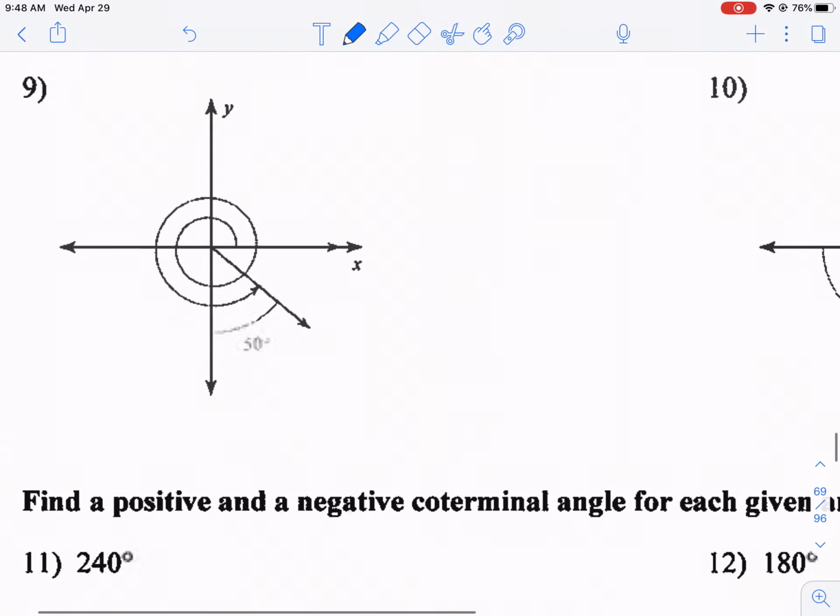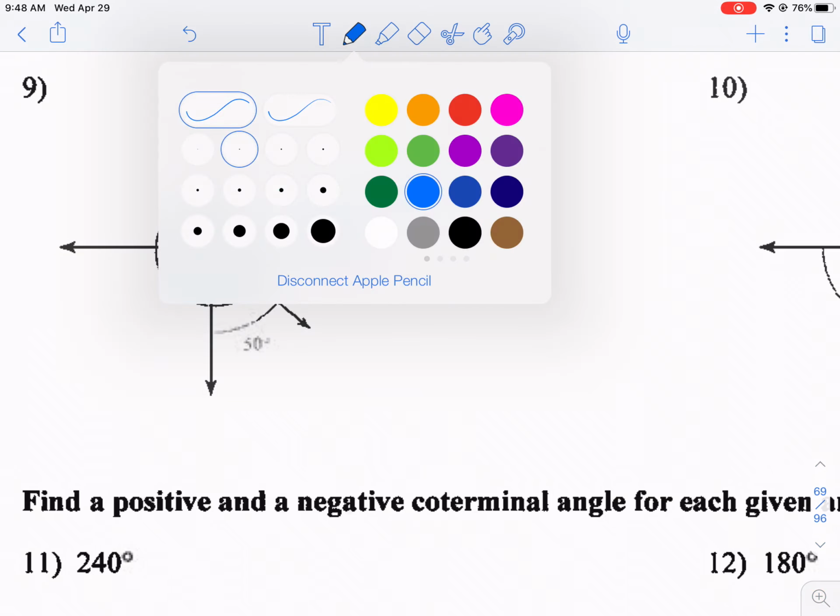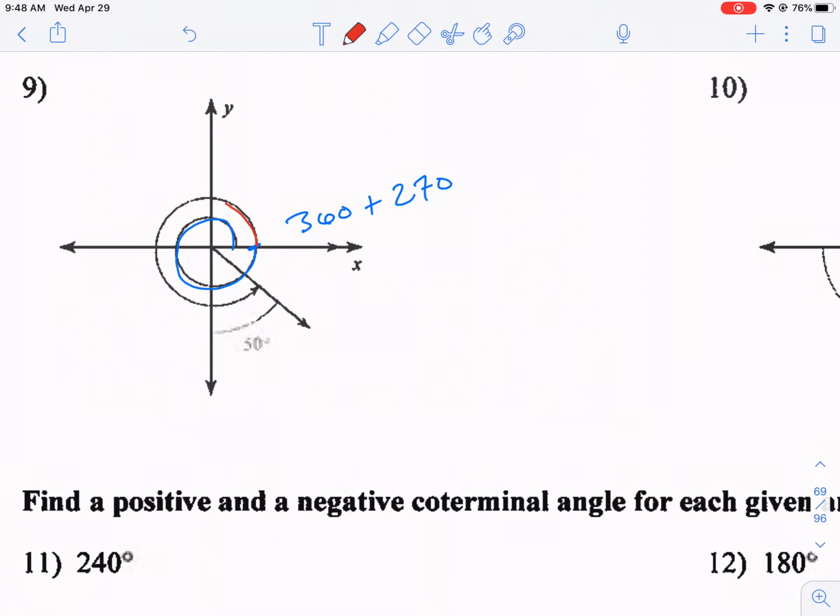All right. Here we have opened in the positive direction. We have done a complete lap. So there I've got 360 plus an additional 90, 180, 270. Let me actually do different colors here. Red for you now. I'll even write this in red for you.